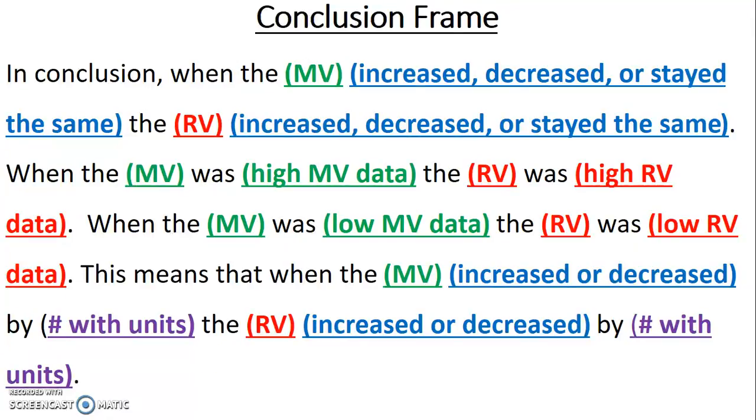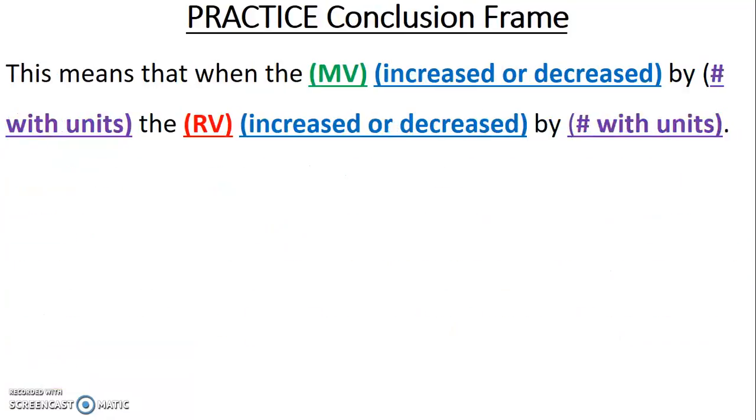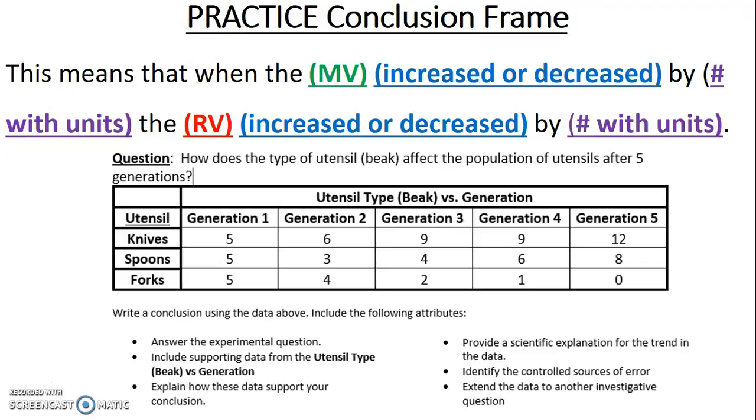This conclusion frame fits most conclusions, and we may have to change it slightly to fit our data better. So here's just the sentence that we're dealing with here. And here's our data. So I'd like you to go ahead and pause and record this in your notebook. So record what you think goes into the blanks.